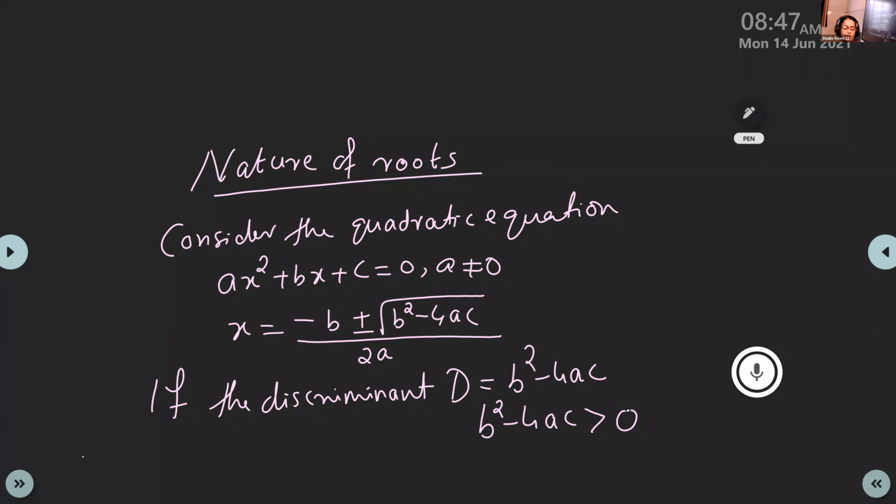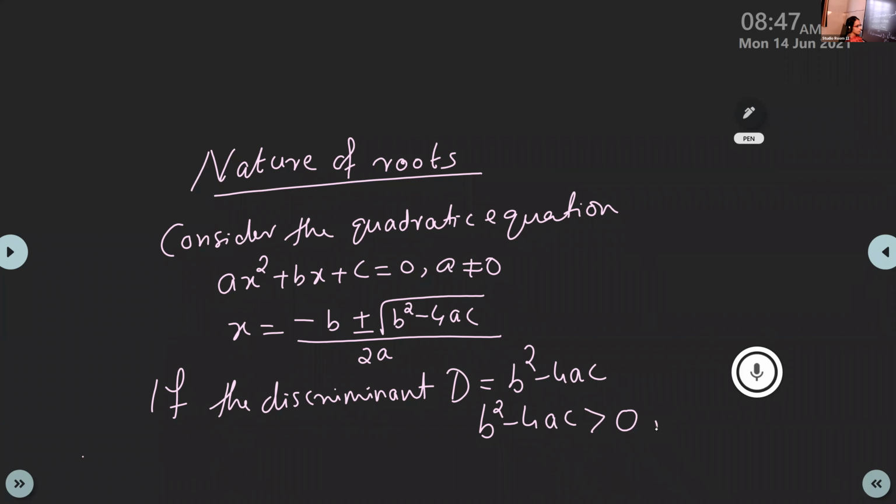Distinct real roots means the roots are real and they are different, not equal.